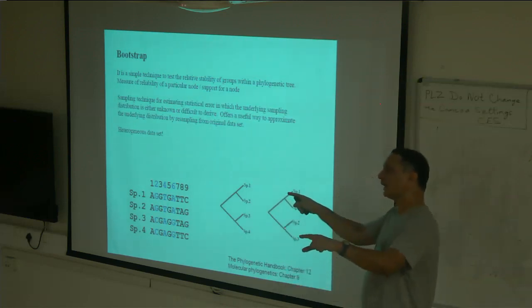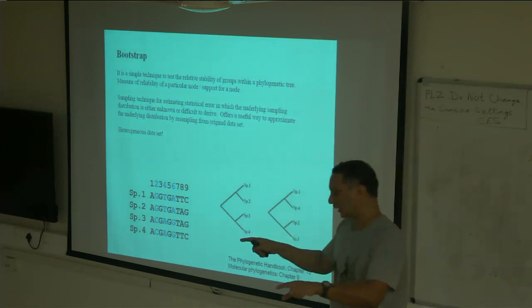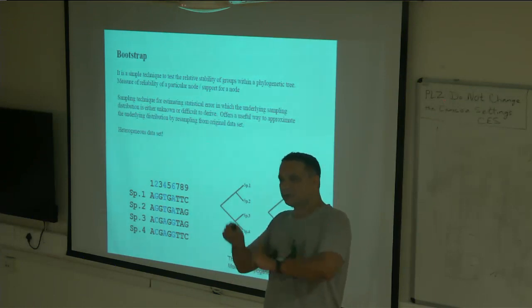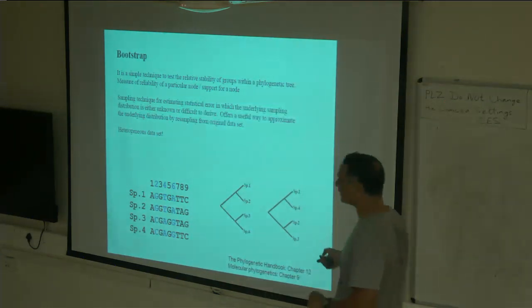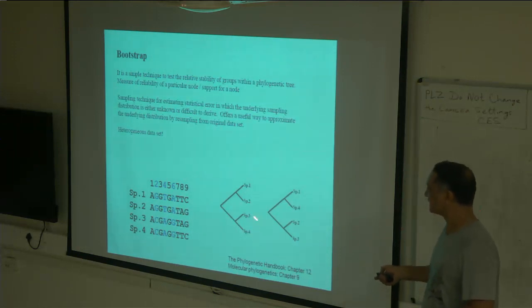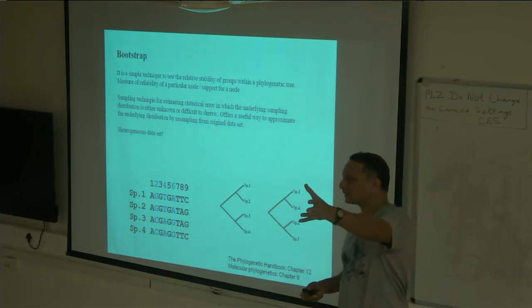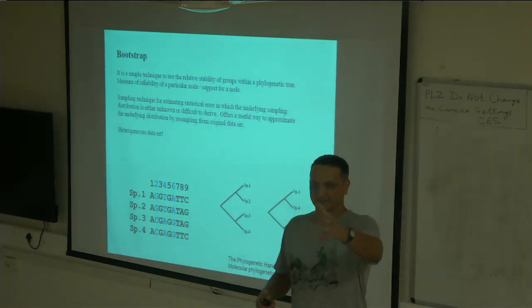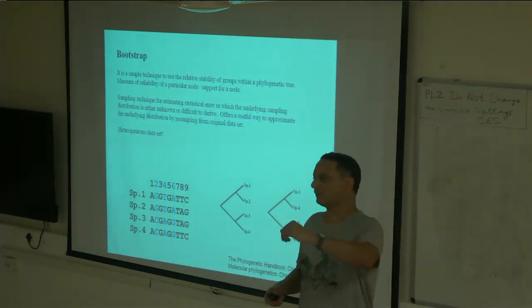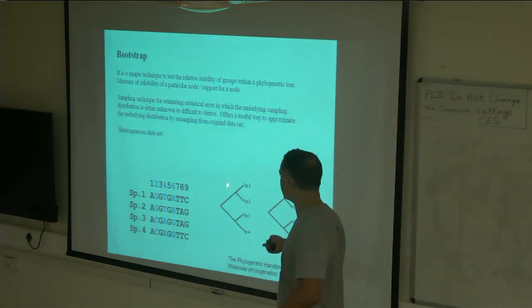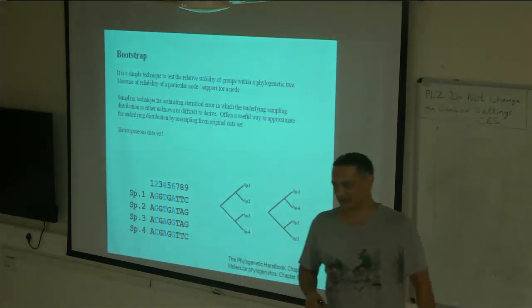So now say you have 100 trees, and then you find out in how many of those trees species 1 and 2 are together, and how many of those trees species 3 and 4 are together. Maybe in some of those trees, the relationships are different. If in 100% of those trees the 2 species are together, then your bootstrap support is 100%.